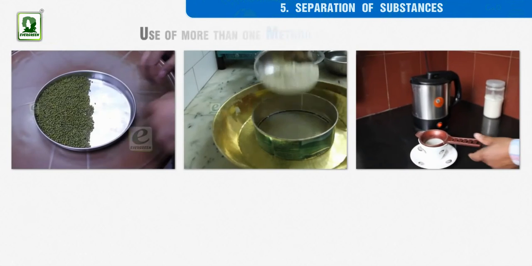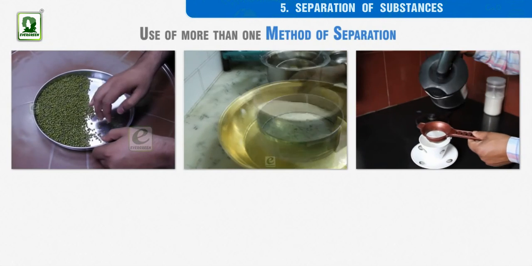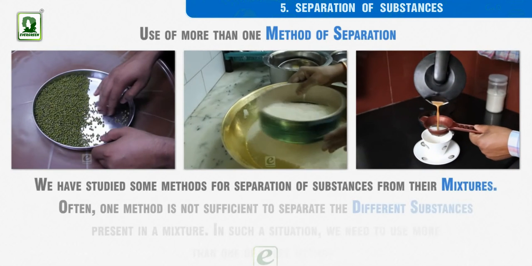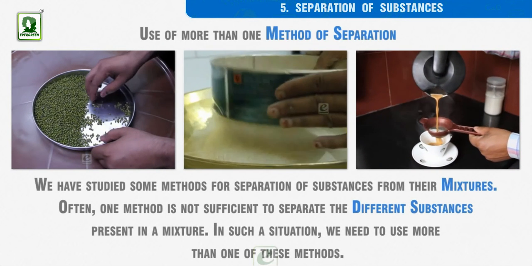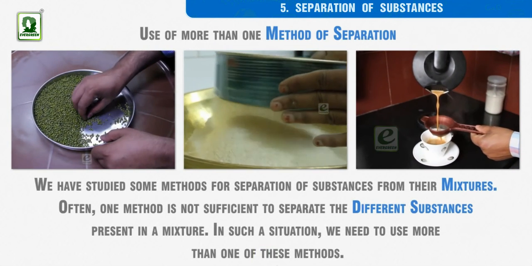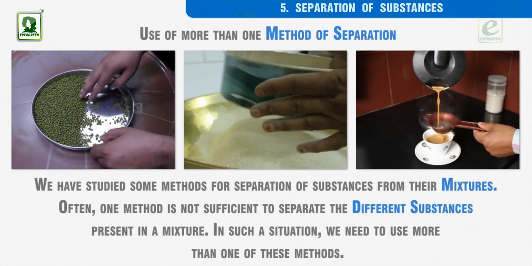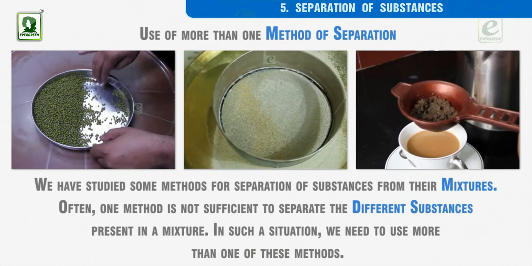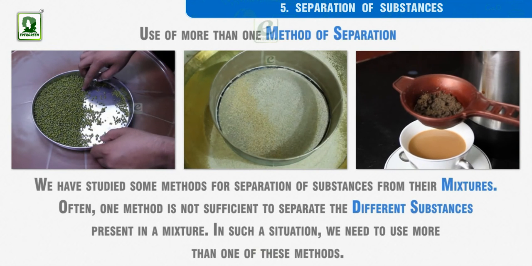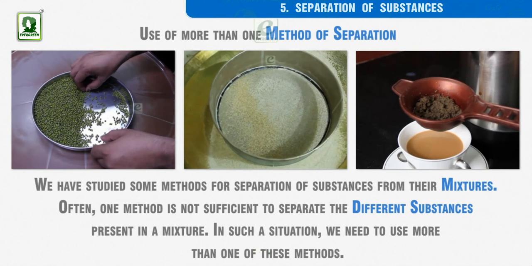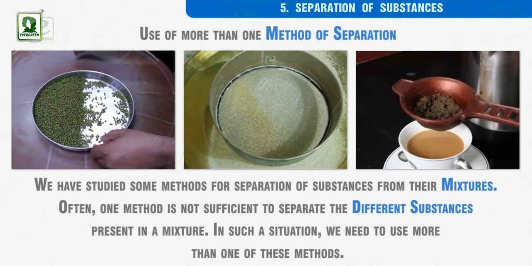Use of more than one method of separation. We have studied some methods of separation of substances from their mixtures. Often, one method is not sufficient to separate the different substances present in a mixture. In such a situation, we need to use more than one of these methods.